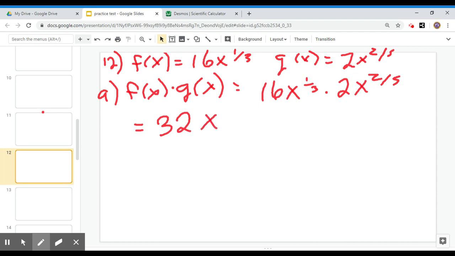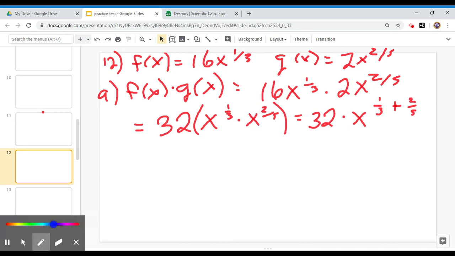Then we have x to the 1/3 times x to the 2/5. So let's deal with that now. So since this is multiplication, we can add the exponents. So this is 32 times x to the 1/3 plus 2 over 5. Now we need a common denominator. So we've got a 3 and a 5. So let's turn those into 15. So this first fraction, we're going to multiply by 5 over 5.